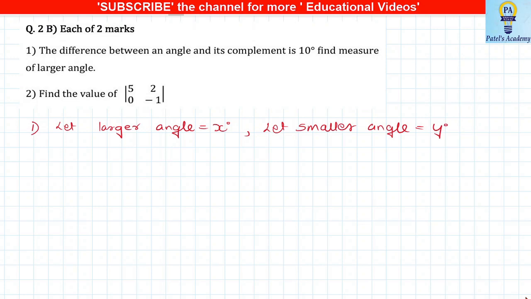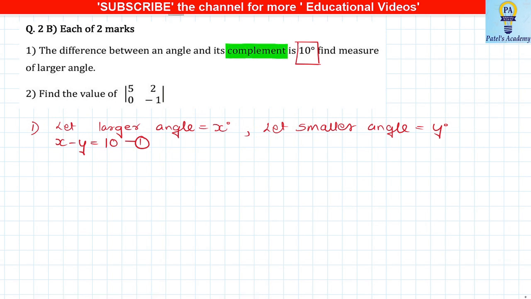The difference is of 10 degree. So difference means the greater number minus smaller number. Here it is the greater angle minus smaller angle. Okay, that is 10.